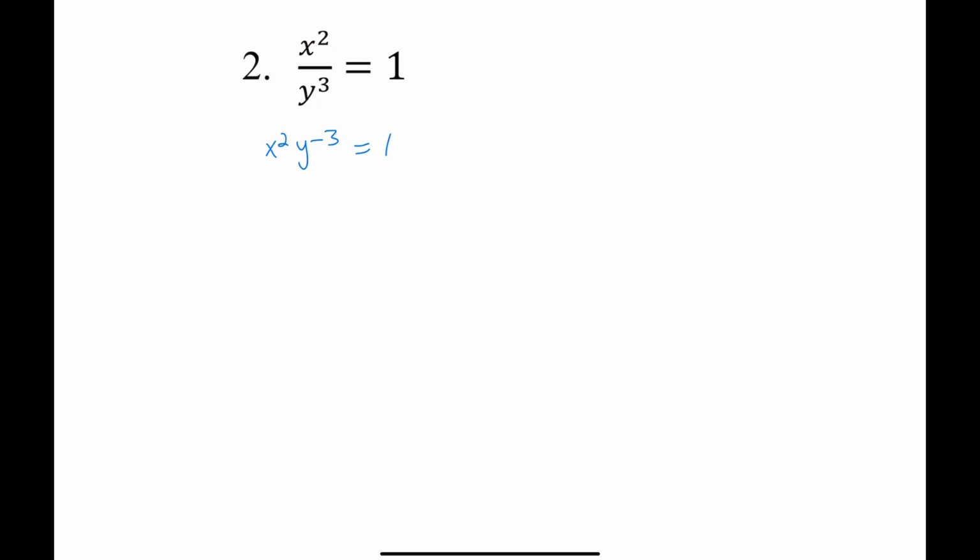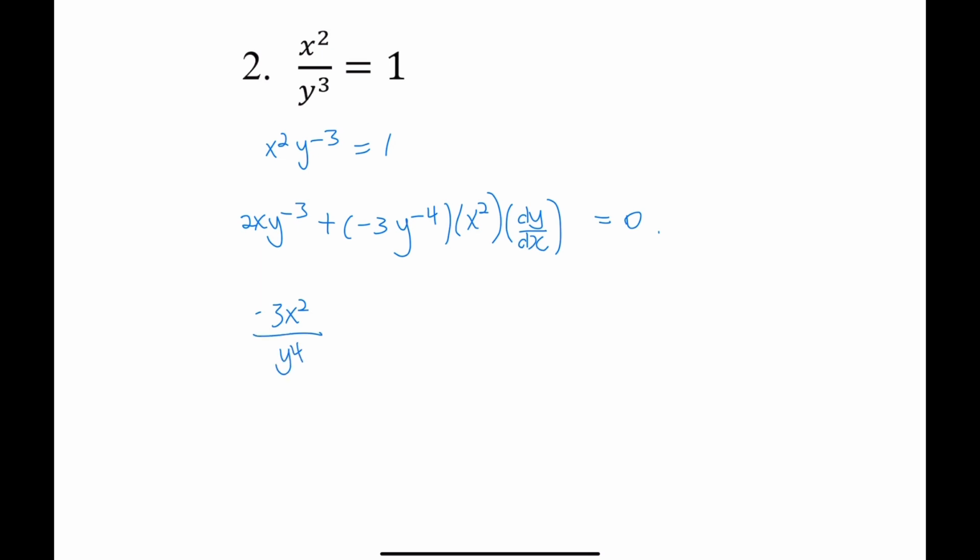So we're going to have product rule: 2x y to the minus 3, and then plus negative 3y to the power of negative 4, and then x squared dy/dx is equal to 0. So we're going to say negative 3x squared over y to the fourth power dy/dx is equal to negative 2x all over y to the third power.